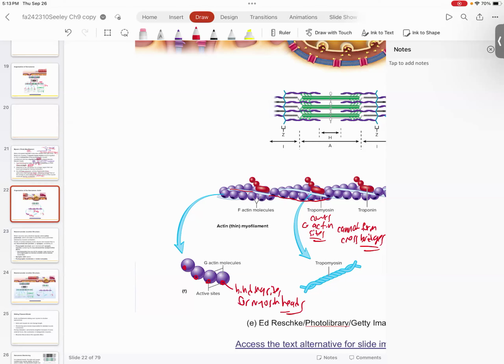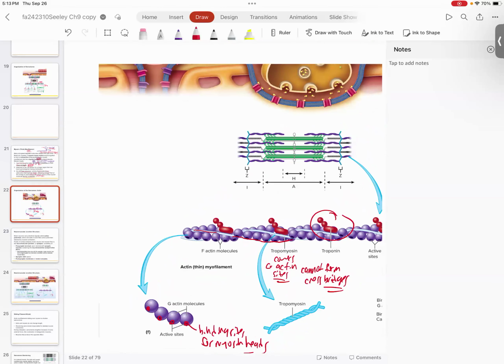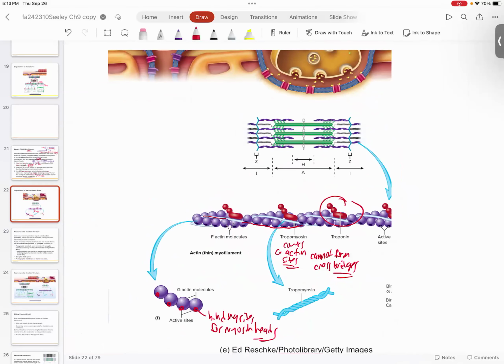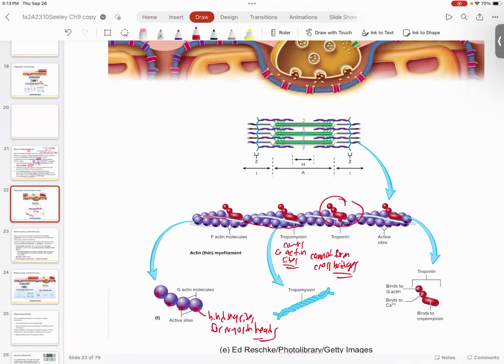Now, if you take a look then, attached to the tropomyosin is going to be your three-part troponin. Remember, troponin has a couple of binding sites. One is for tropomyosin, so it's going to bind to tropomyosin at one point. On another piece, it's going to bind to the actin.